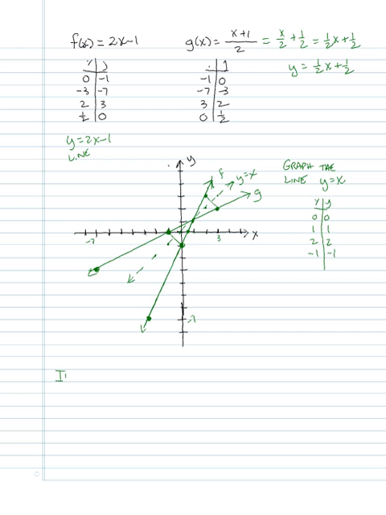That is, if f and g are inverse functions to each other, then their graphs are symmetric about the line y equal x.